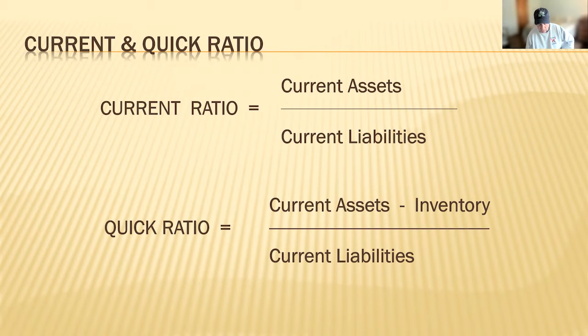So if you were using a numerical example, you would have, say, current assets of $100,000 and current liabilities of $80,000. That actually in that calculation would give you 1.2 as your ratio. If you did 100,000 over 75,000, it would be 1.25.